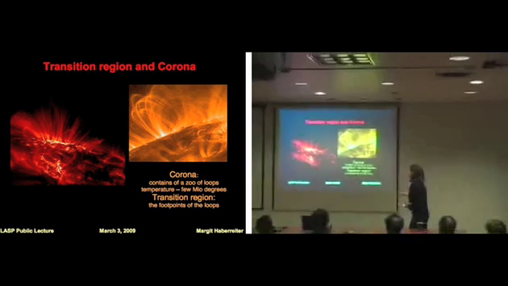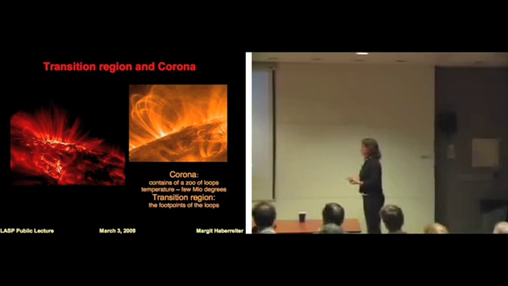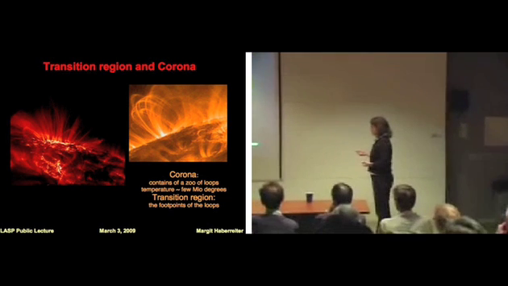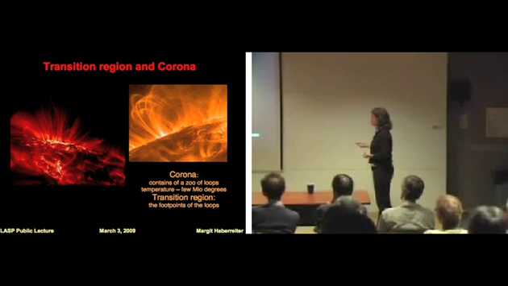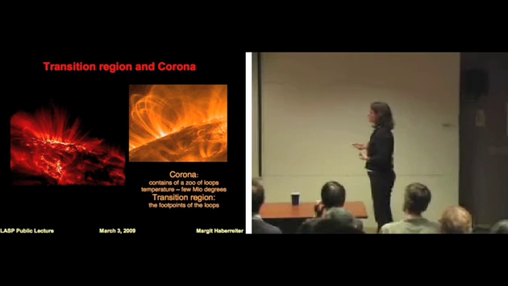Okay, and here we have some other manifestations of the fact that the magnetic field really influences the brightness, or the energy output, of the sun. So these are coronal loops, and they get to a temperature of, again, a few million degrees.